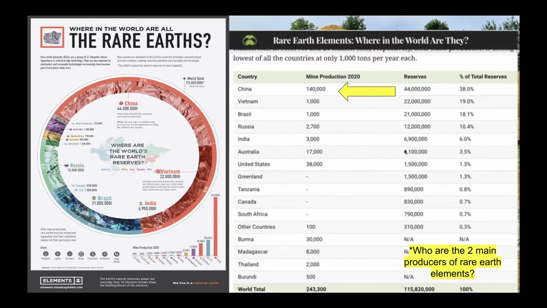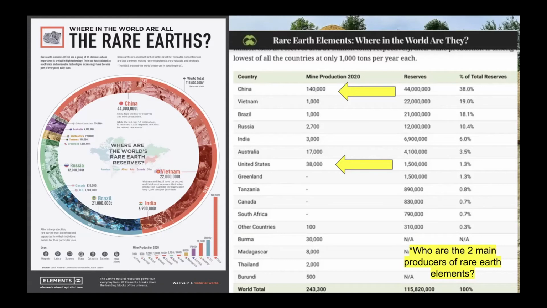But interestingly enough, the US is the second largest producer of rare earth elements, even though if we look over here, we have some of the lowest reserves. So the US is actually mining quite a bit of what it has in its reserves. And so again, China and the United States are mining the most of those rare earth minerals.